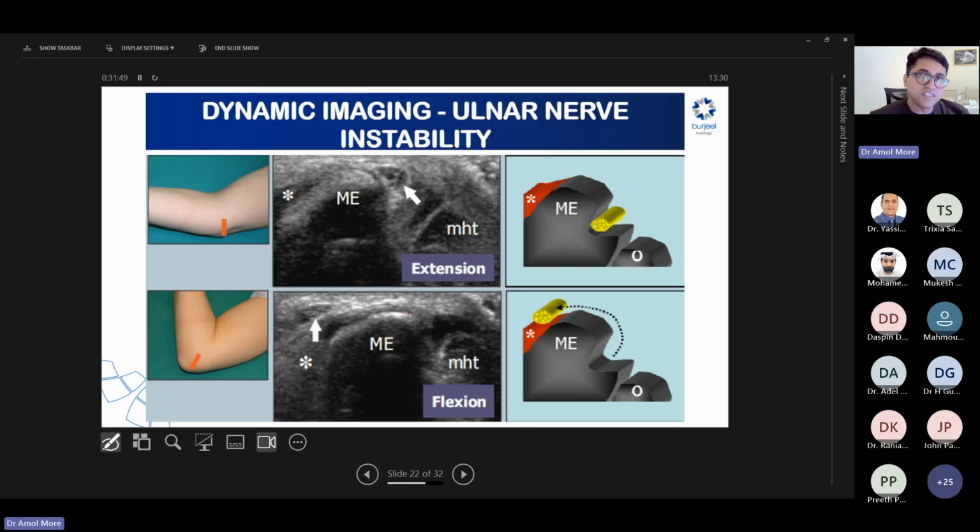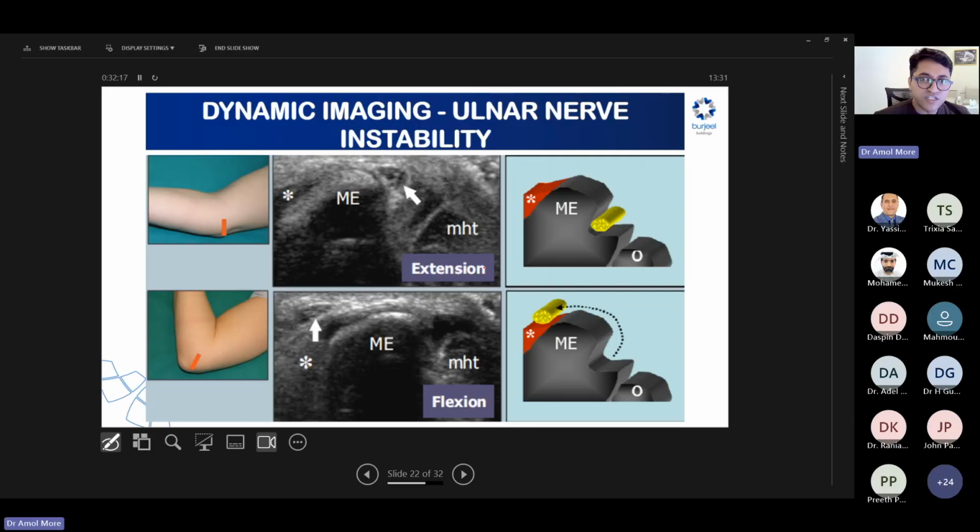In dynamic assessment of ulnar nerve instability, we keep our probe on the bony landmarks, the medial epicondyle and olecranon process, with the probe alignment shown in this image. Once you keep your probe, ask the patient to make flexion and extension.